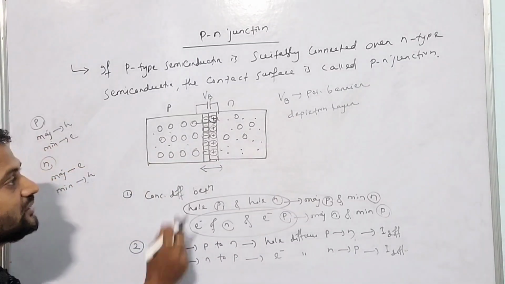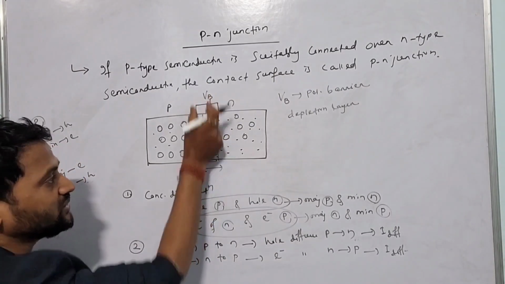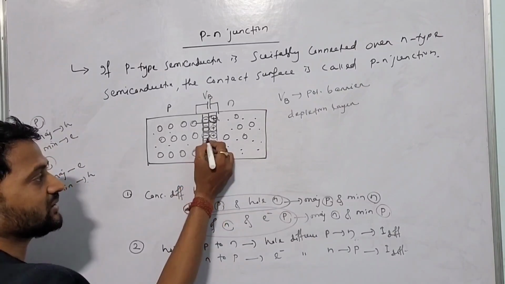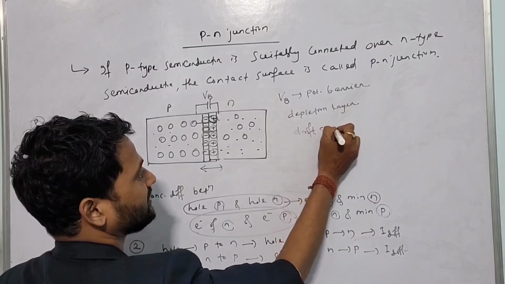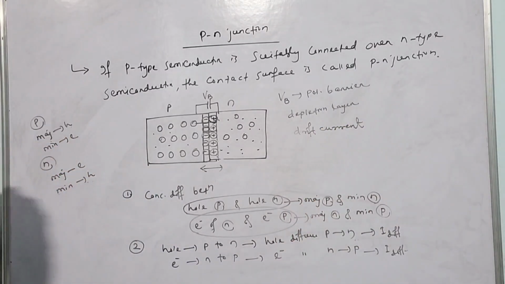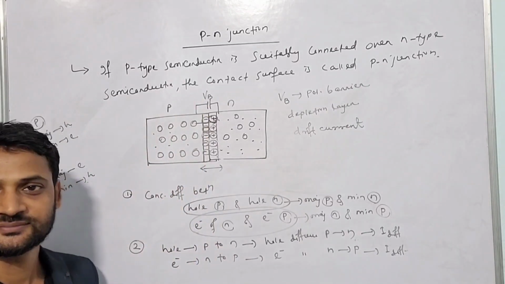One more thing to remember, one electric field will be developed across the junction. Due to this electric field, a leakage current will flow from positive to negative terminal. That current is called drift current. Is it clear? So that is all about PN junction formation.